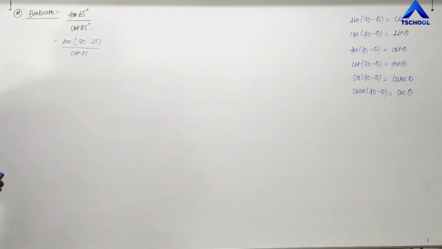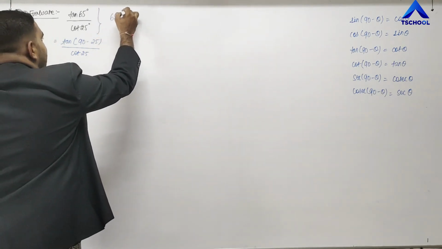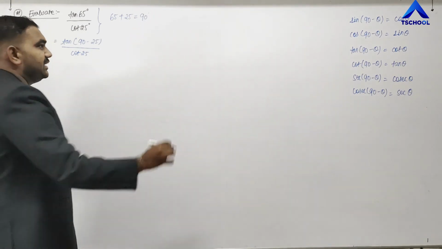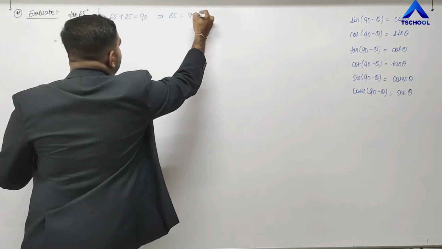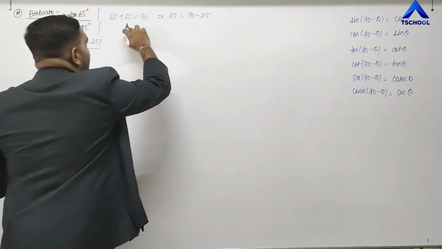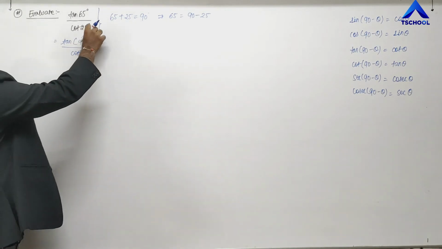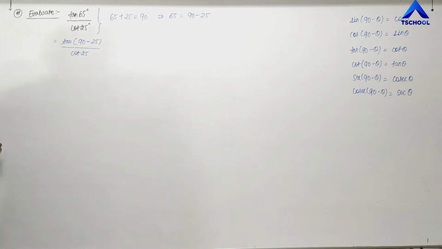We simply wrote 65 as 90 minus 25, because we knew that 65 plus 25 was equal to 90. So 65 can be written as 90 minus 25. Is it clear or not?